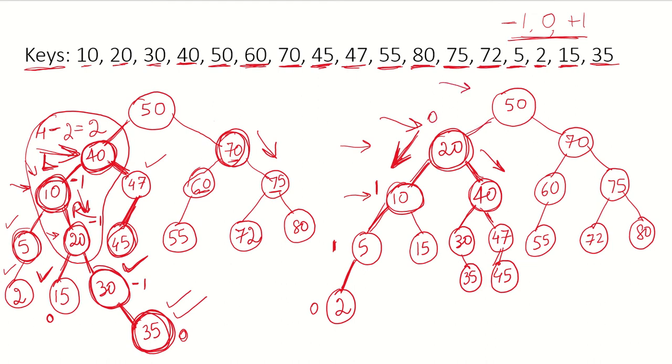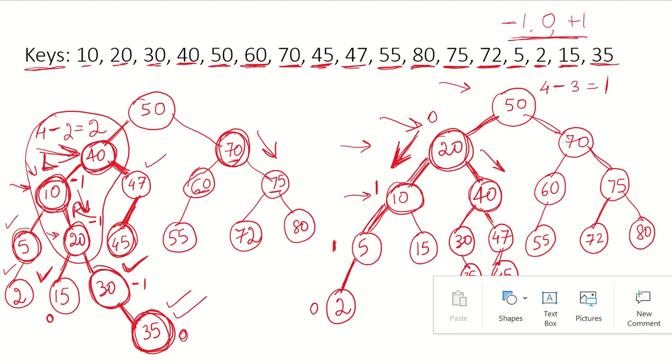For the root node it is 1, 2, 3, 4 left subtree and 1, 2, 3 is the right subtree, so 1. And similarly you can check for each and every node that the balance factors are either -1 or 0 or +1. So this is a balanced AVL tree and all the data values have been inserted.